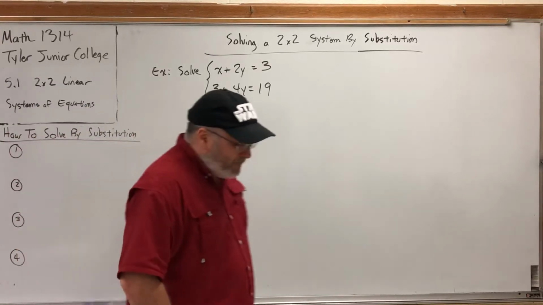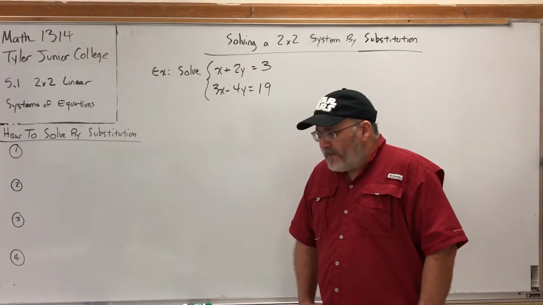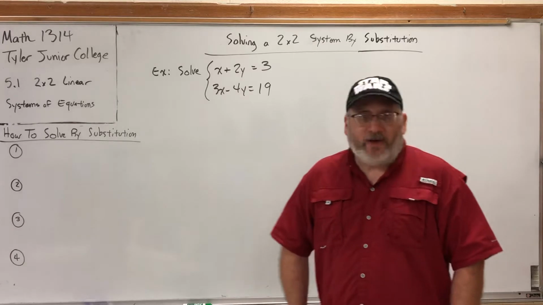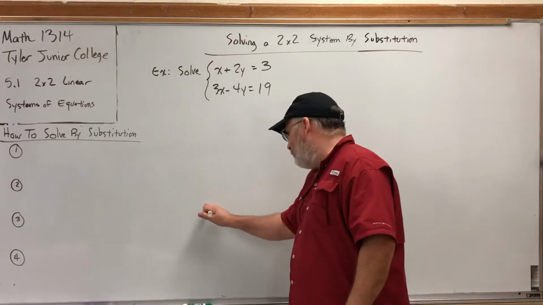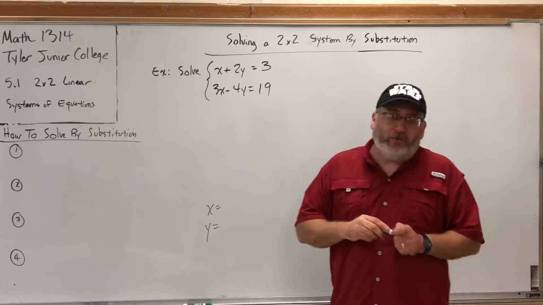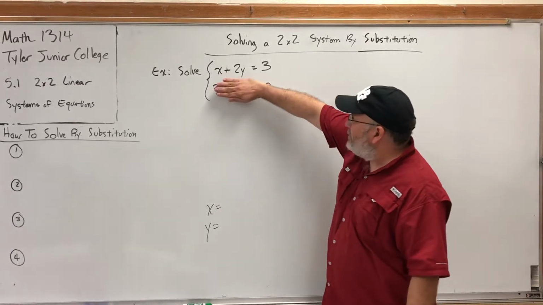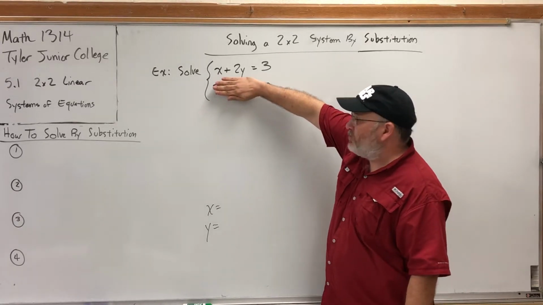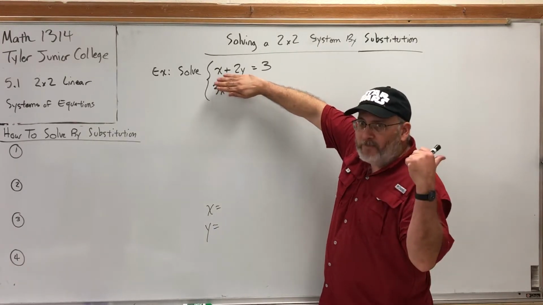The premise behind substitution is pretty straightforward. This is another example of problem-solving strategies in general. Our goal is to figure out what x equals and what y equals. But our problem is we have too many variables at one time. For example, if we were to pick the first equation, x plus 2y equals 3, we can solve for one variable, but the other variable will be trapped on the other side.